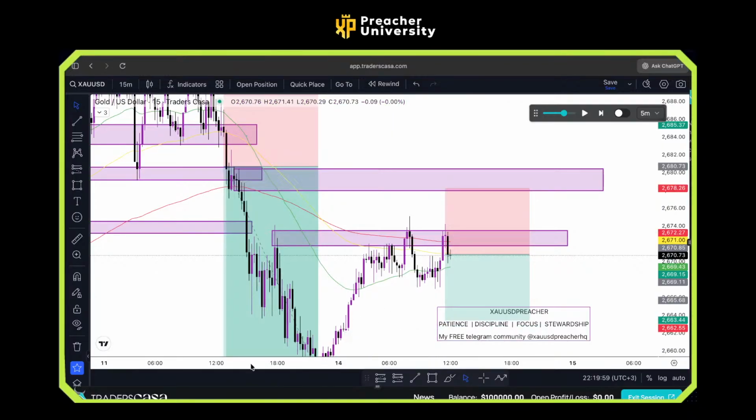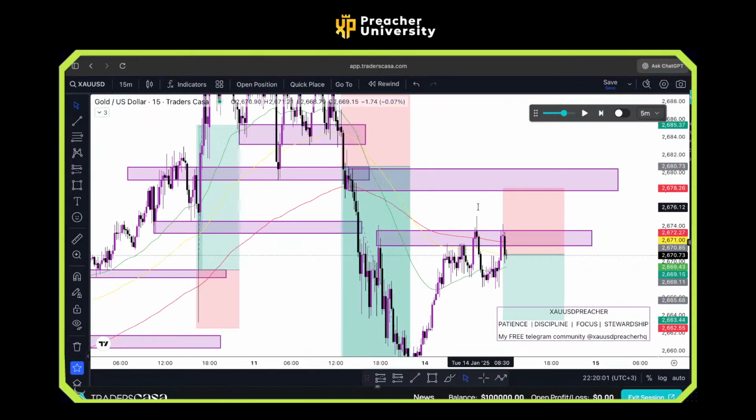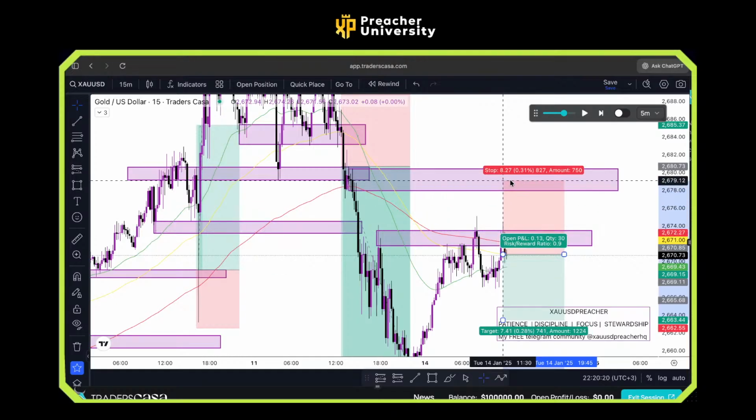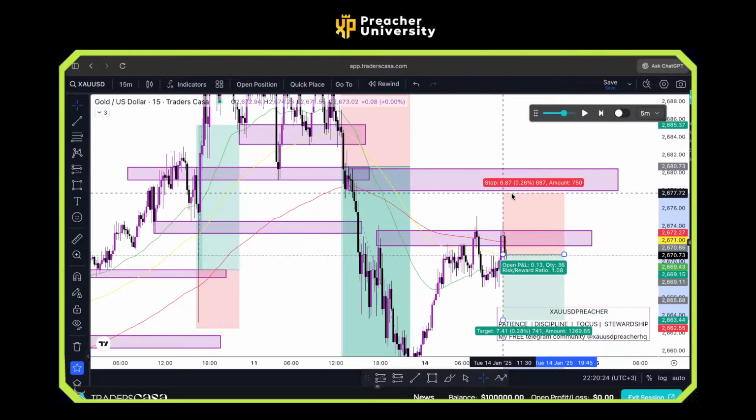Where am I putting my stop loss? You know how I'm doing it. We are looking for some engulfing candles. This could be one of those, and this could be one of those. But this looks a little bit risky. So some people would have put it here, which would be nice, and another zone that is nearest is somewhere around here.